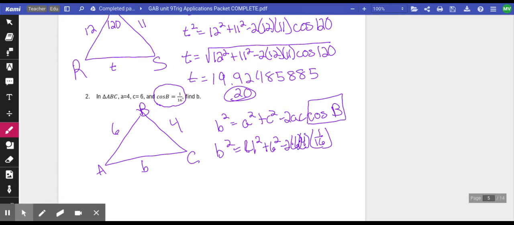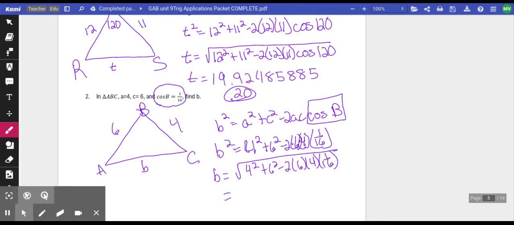So b equals the square root of 4 squared plus 6 squared minus 2 times 6 times 4 times 1/16. I'm going to do all of that on my calculator, so I'm going to pause while I do that. And that gives me b equals 7.